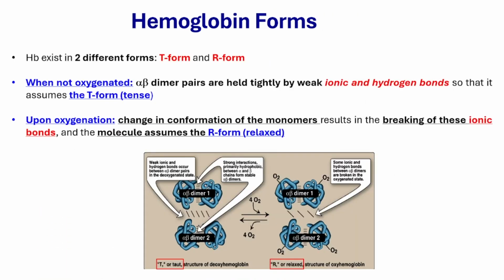All right, so there is a structural specificity for hemoglobin, depending on whether this hemoglobin has attached oxygen or not. If your hemoglobin is free, it doesn't have any oxygen attached to it, we call it deoxyhemoglobin.